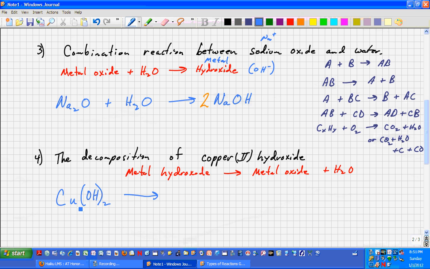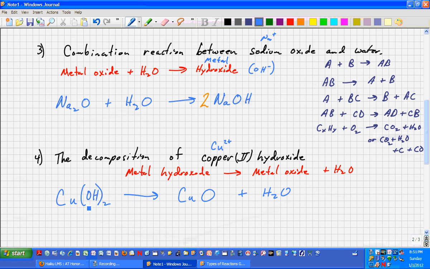So my metal is copper 2, so it's going to be CuO, metal oxide. Cu has a +2 charge for my copper 2, and then oxide has a -2 charge, so that gives me my copper oxide and water, H2O.